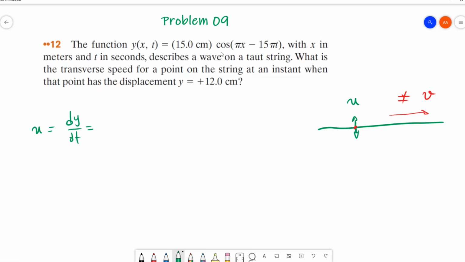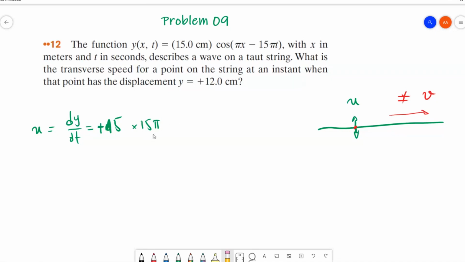If we derive this, everything is in centimeters, so I can keep it like this. The derivative of this one, I have 15. The derivative of cosine will give me minus sine, and the derivative of the argument with respect to time will give me minus 15 pi, another minus sign, so I will have plus. Sorry, there's no t here.